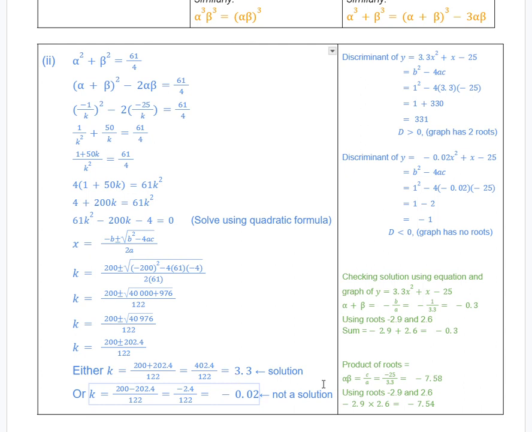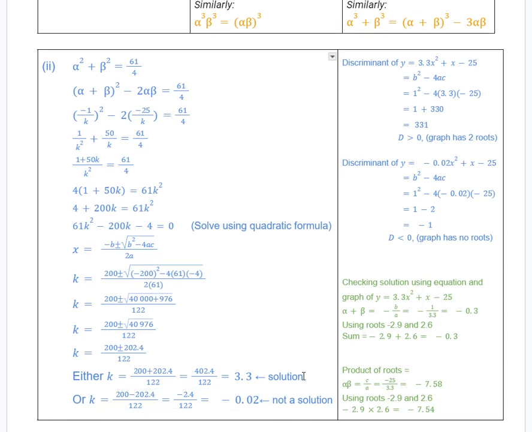We have to decide which one is the solution. We only have one solution, and it's going to be this one because of the discriminant. If you're using 3.3, that would be our A value.